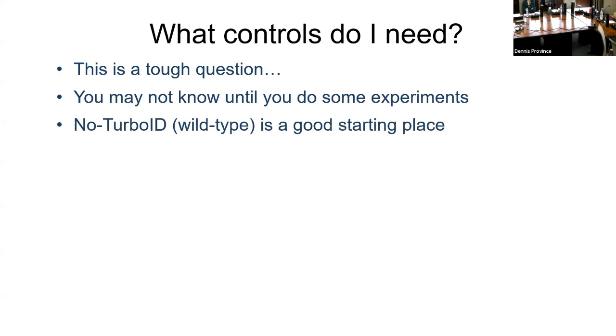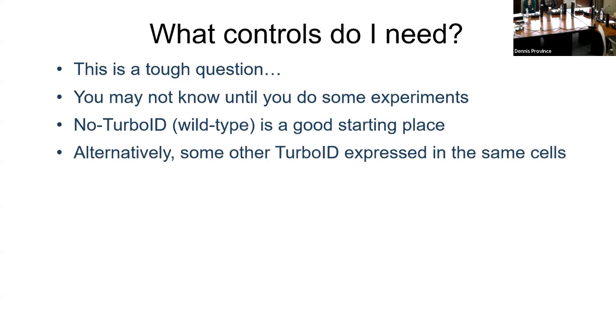Obviously, for us, a no turbo N2 or wild type was a good starting place. And it's not even a bad finishing place, but you'll see we threw something else in too. That also might just be your starting cell line that you haven't transfected or whatever else. Minimally, you're going to have to do that to get a fold change.